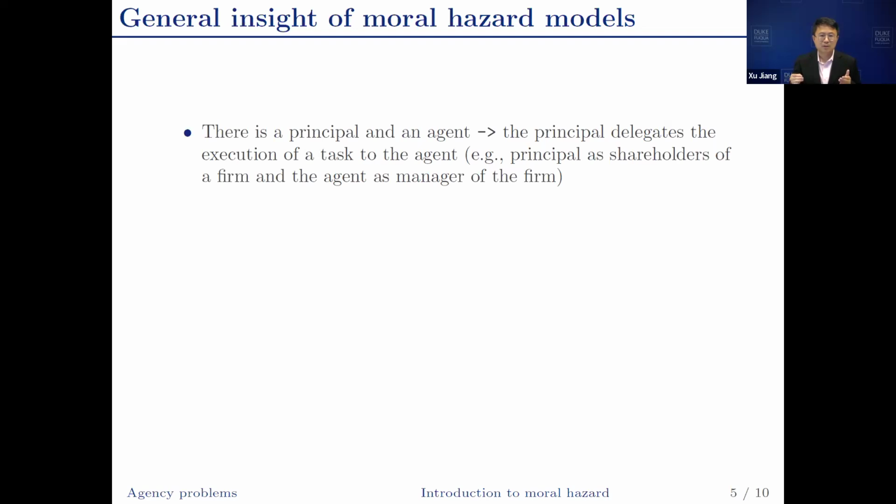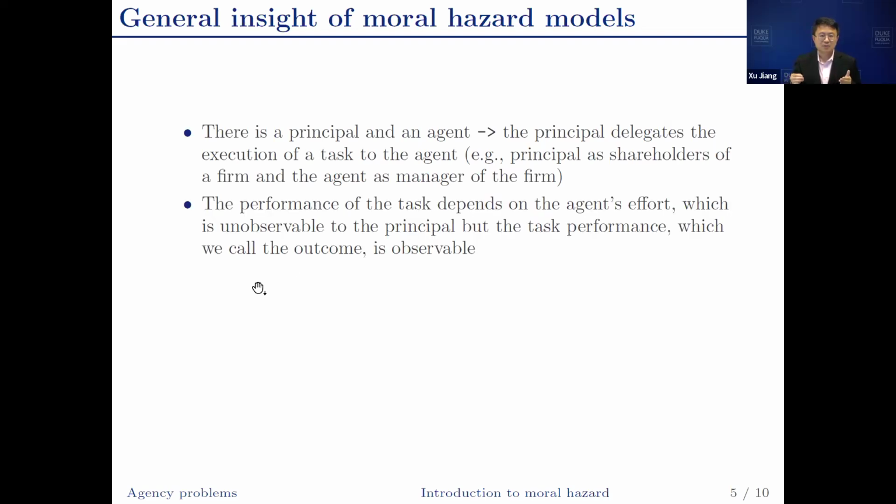There are a lot of actions that the agent can take that are not observable to the principal. The performance of the task, in this case, the underlying cash flow of the firm, the performance of the firm, depends on the agent's efforts. And this agent effort is unobservable to the principal. You can't really monitor managers for 24 hours every day to see how many hours the manager is spending on working on what.